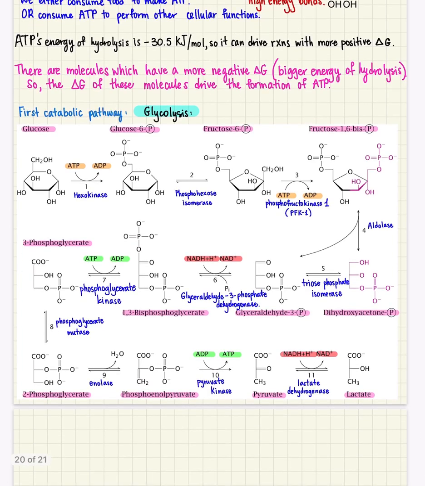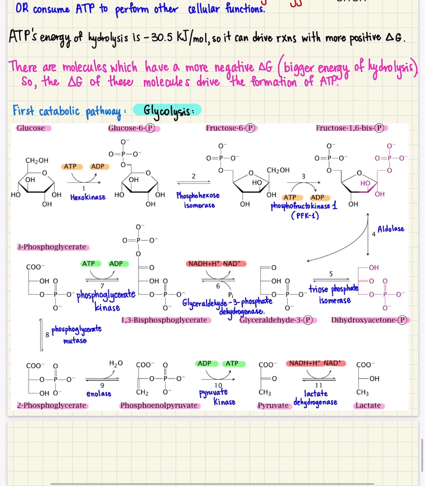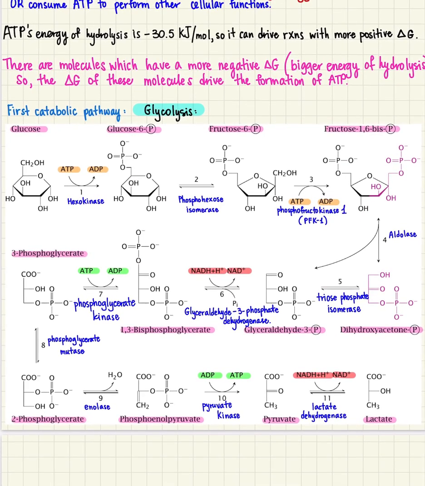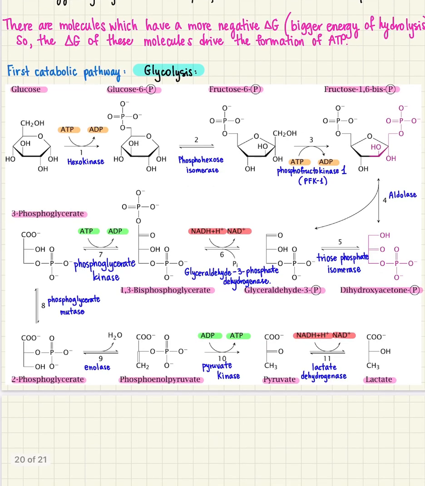And with that, we can start talking about the first catabolic pathway that we discussed in class. As you remember, catabolism is when we break stuff down, and anabolism is when we build stuff. So let me zoom in. Over here, I have the scheme and the pathway of glycolysis.